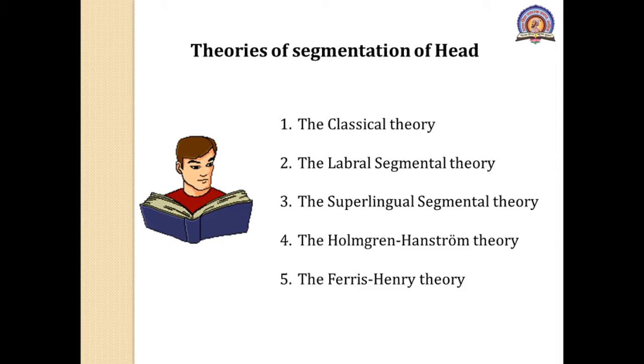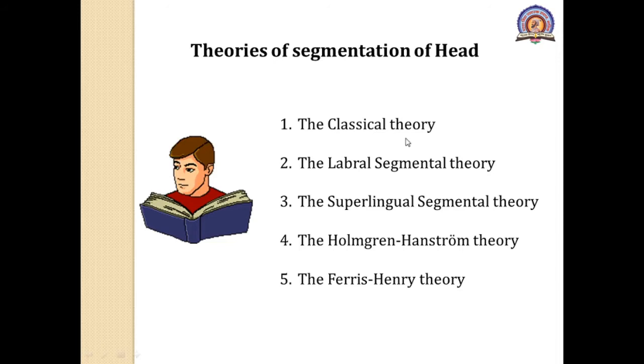So obviously there is no controversy regarding the gnathocephalon. That it consists of three segments is universally accepted. So whatever debate is there, that debate is on the segmentation of the anterior part of the syncephalon called the procephalon. And for describing the segmentation of the procephalon part, various scientists have put forth different theories, of which these 5 theories are the common ones.